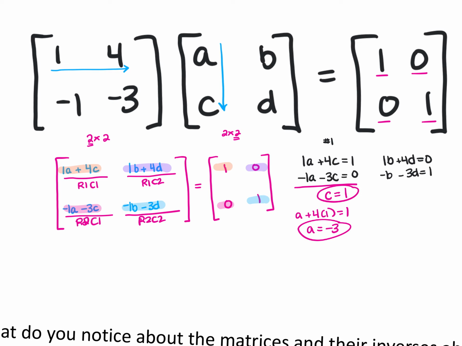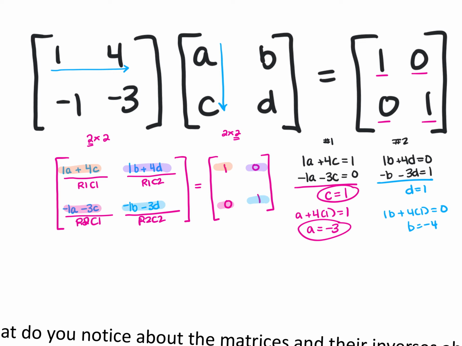Let's do the same thing for B and D. So this is system number 2 now. Okay, so when I, again, add those 2 equations together, I can eliminate B, and I find that D equals 1. I can plug that in to 1B plus 4 times 1 equals 0. And I'm going to get B equals negative 4. So here's what I know.